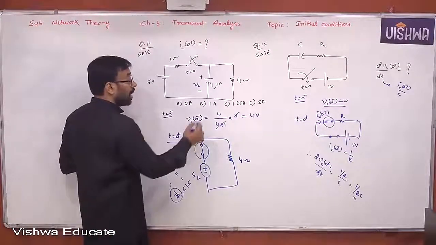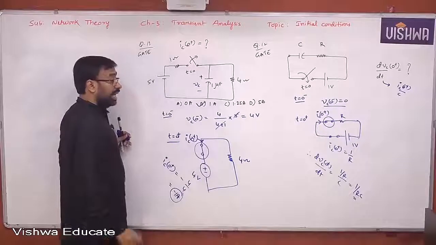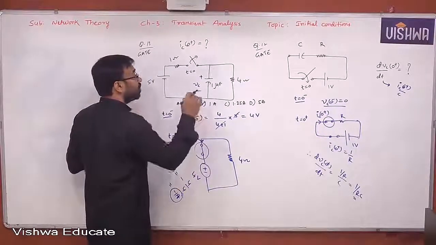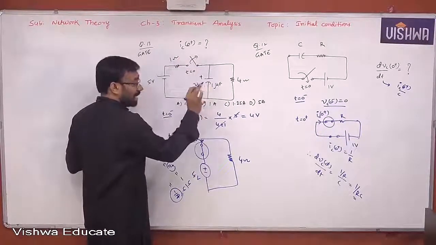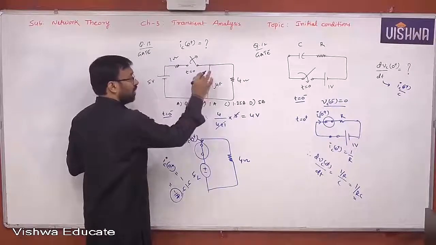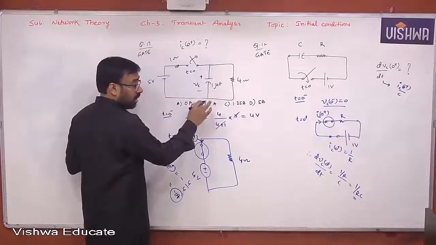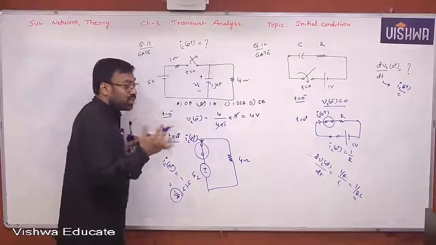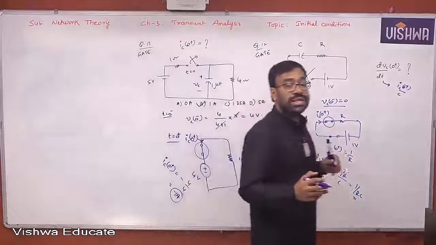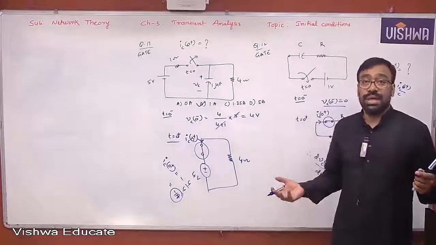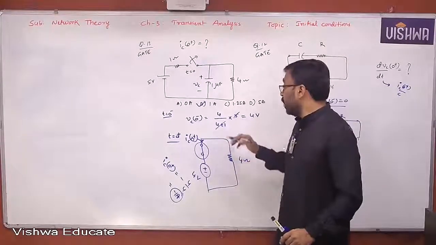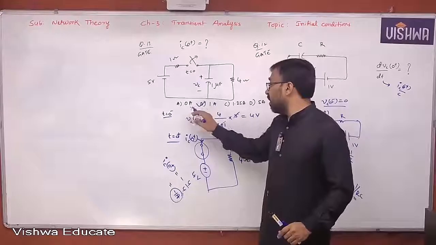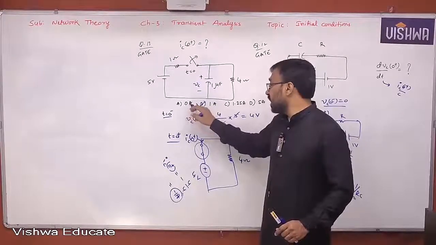1 ampere only. Why? Because he did not mention the direction of the current. He is just asking, at t equal to 0 plus, what is the current flowing through the capacitor. But in which direction he wants, he did not mention. When the direction is not mentioned, you can consider only the magnitude. Understand all of you? Now suppose instead of plus 1 and 0, this option is given as minus 1 ampere.